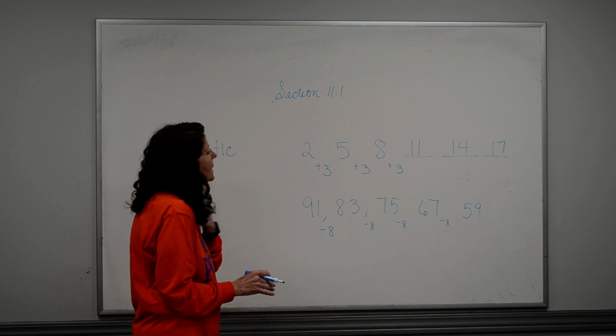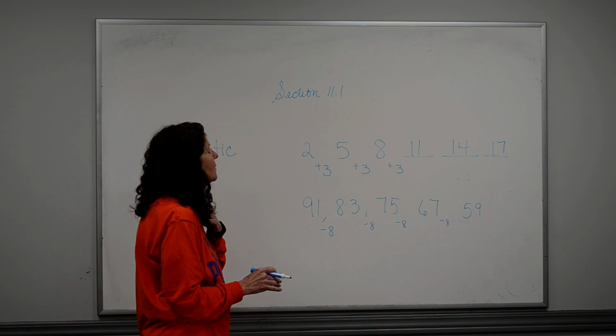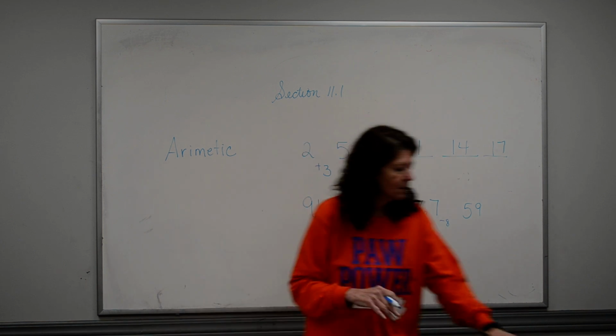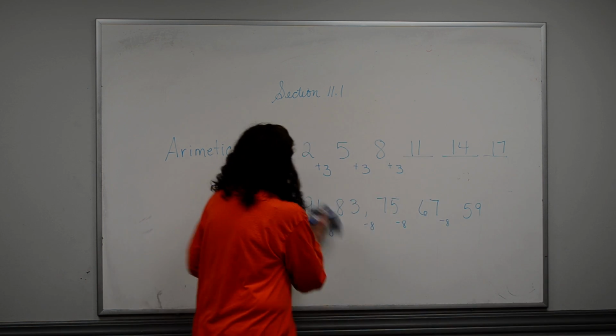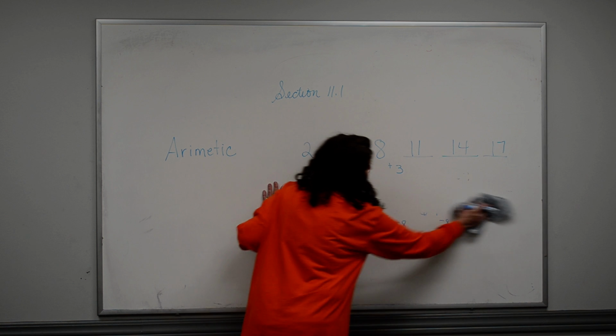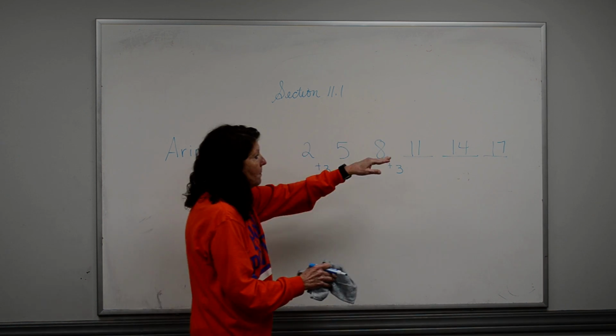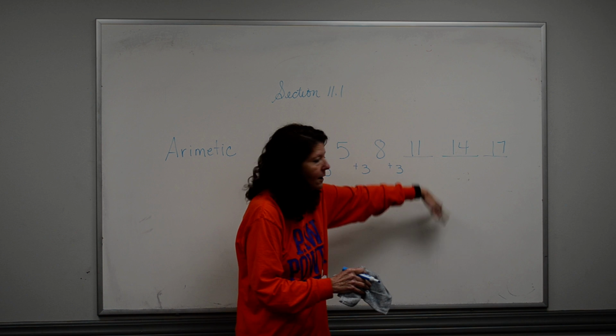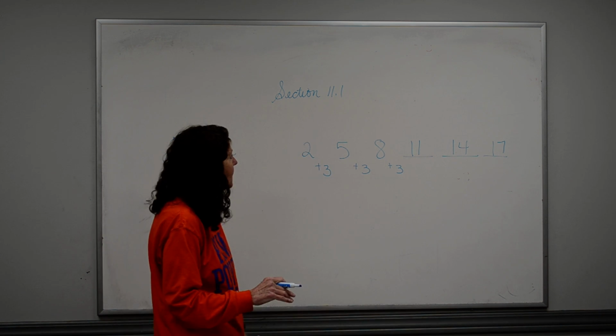Well, the problem is sometimes they'll ask you to find like the 25th term in a sequence. Now you could, let's do this top sequence right here, literally put 25 little lines here and go ahead and count and fill them in.